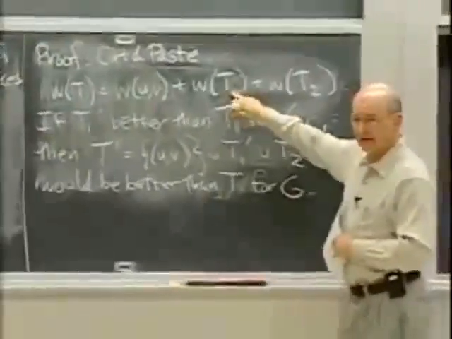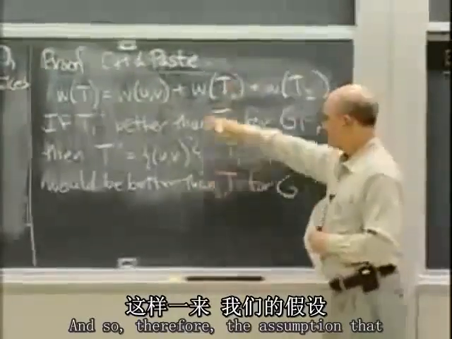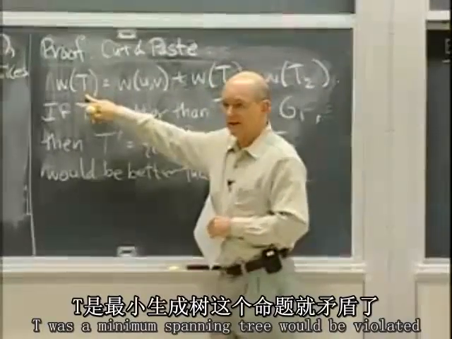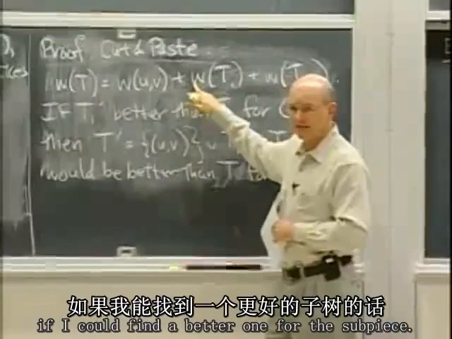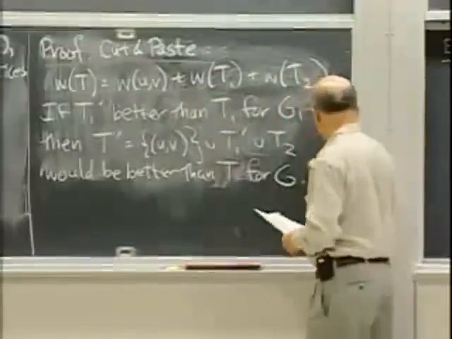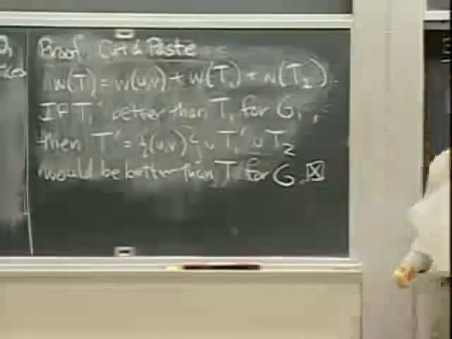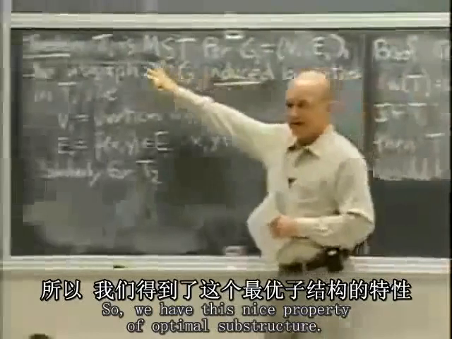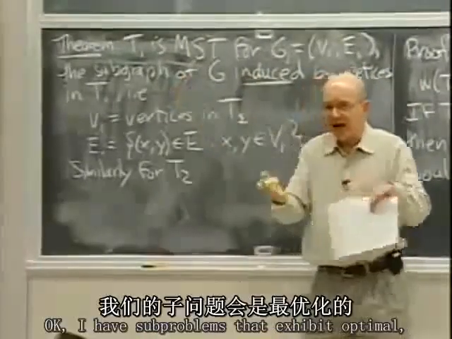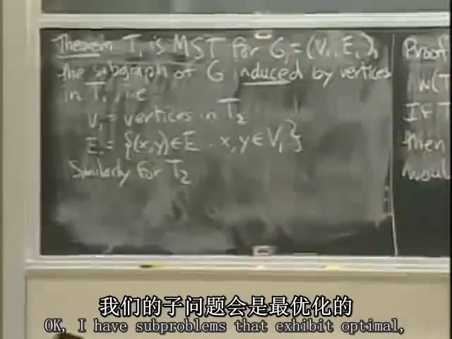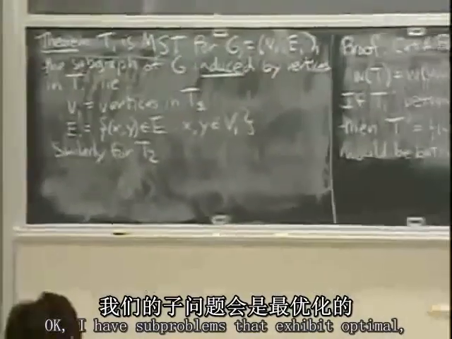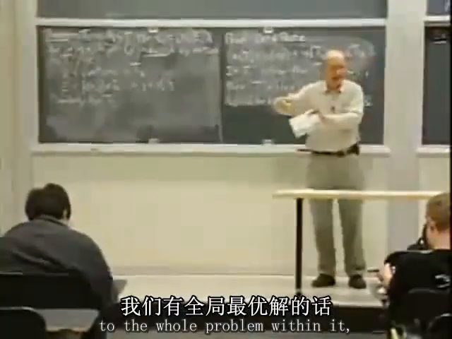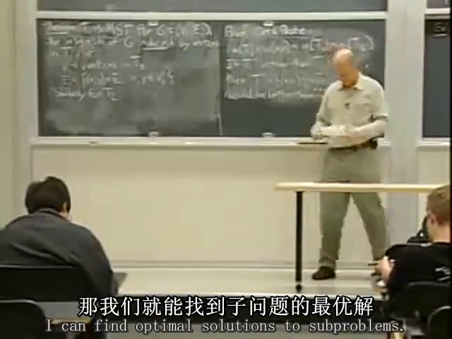Okay? And so therefore, the assumption that T was a minimum spanning tree would be violated if I could find a better one for the subpiece. Okay? So we have this nice property of optimal substructure. If I have a globally optimal solution to the whole problem, within it I can find optimal solutions to subproblems.